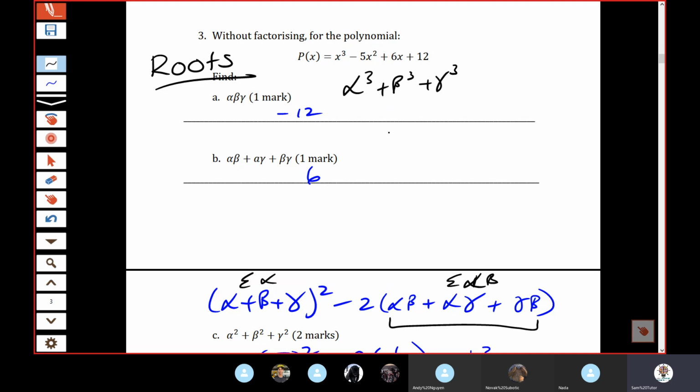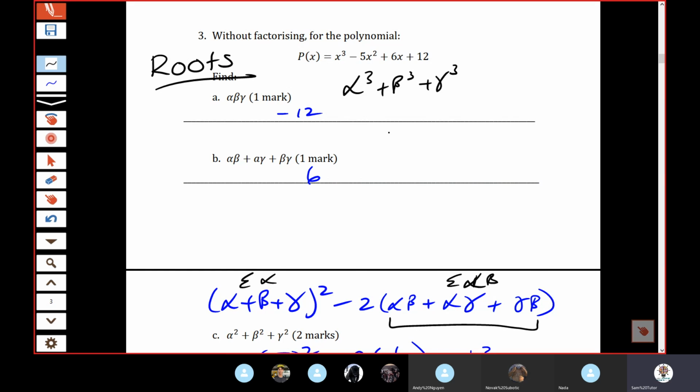What do you usually do? Have a look. When you sub them in, what happens? When you sub in alpha, what do you get? Can't put that together?